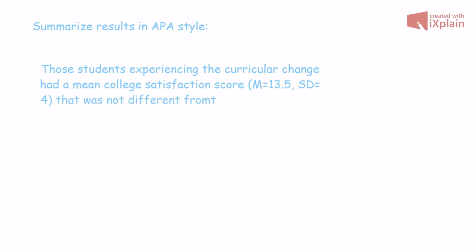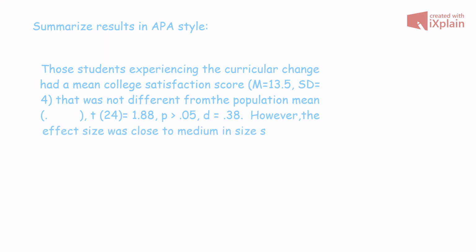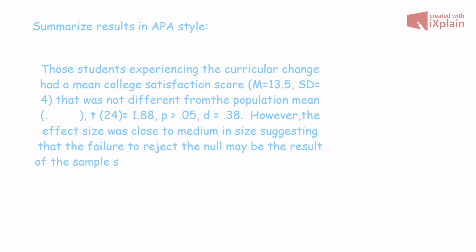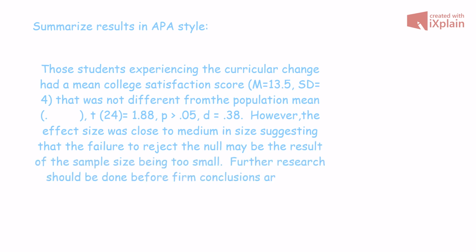Those students experiencing the curricular change had a mean college satisfaction score that was not different from the population mean. And then I have a bunch of stat stuff in there. However, the effect size was close to medium in size, suggesting that the failure to reject the null may be the result of the sample size being too small.